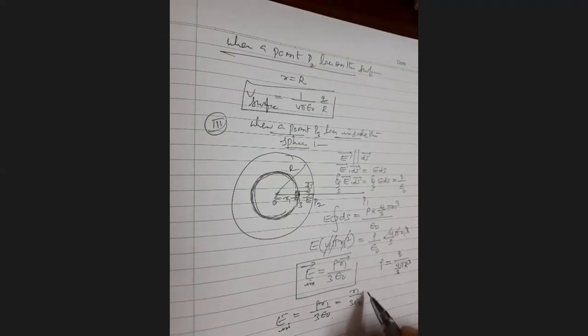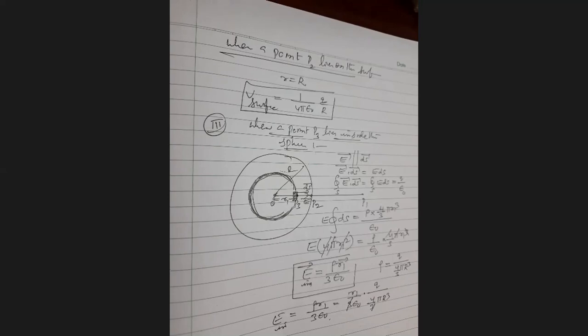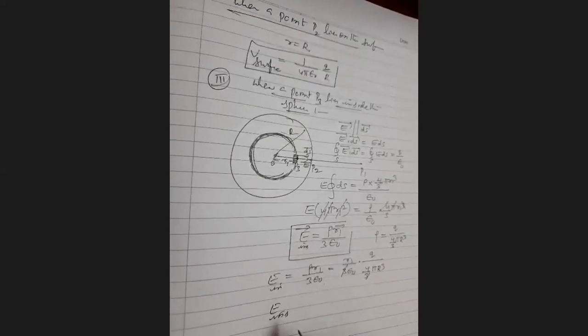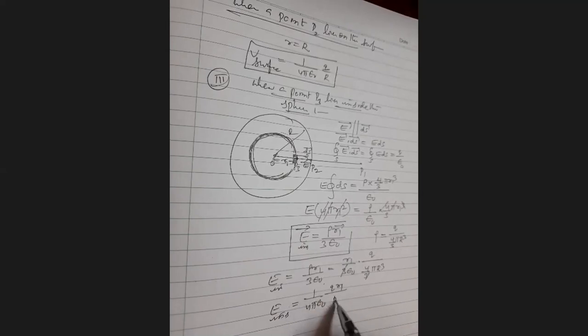You can substitute here: Q by 4 by 3 pi R cube. 3 cancels, right? So that gives the electric field strength inside the non-conducting sphere equal to 1 by 4 pi epsilon naught Q R1 by capital R cube.